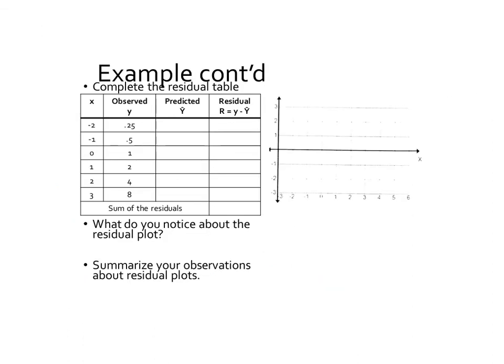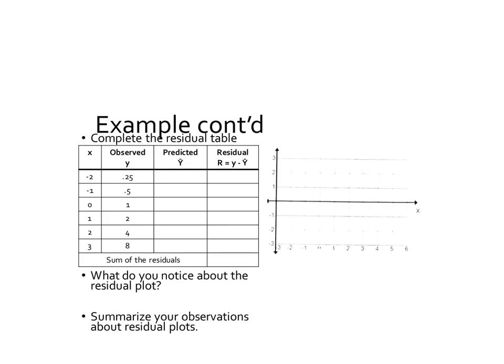So notice we're going to do the same exact thing that we did on the previous example. So remember to find our predicted y values, we're thinking in our brains of the regression model we found. Remember it was y hat equals 1.44x plus 1.91.